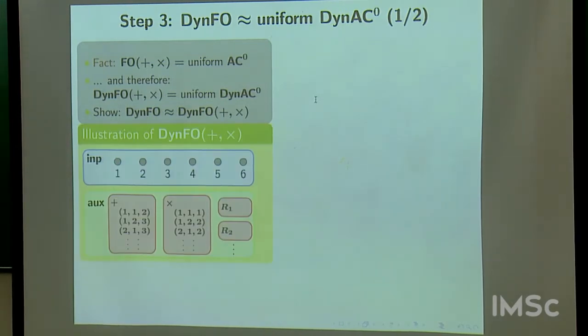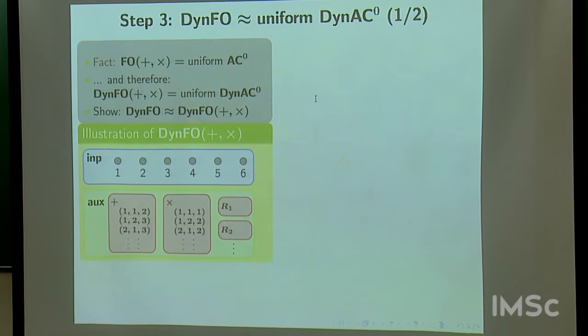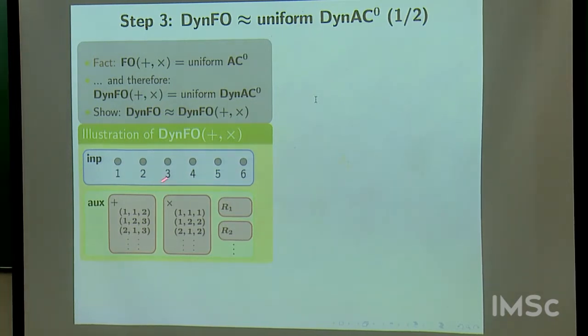So let me illustrate what I mean by Dyn-first-order with plus and multiply and the usual Dyn-FO in this example. Suppose you have an input. If you have plus and multiply available to you, you have the addition tables and the multiplication tables for each of these numbers.